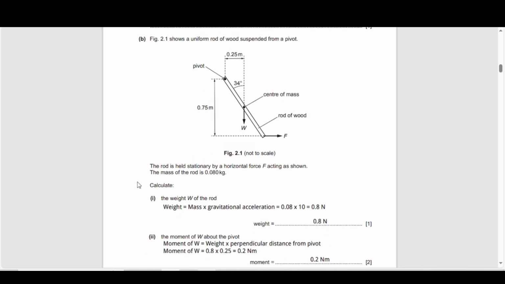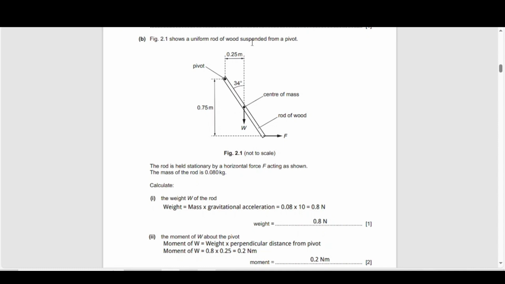The moment of W about the pivot. Essentially here, W in itself is not acting perpendicular to the pivot, right? Only a force that acts like that would be perpendicular. So if W acted like this, it would be perpendicular, but it's clearly not acting that way, and there's no easy way to calculate the component of W that acts perpendicular.